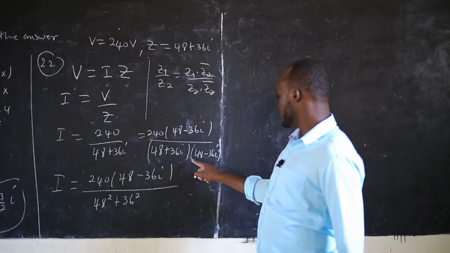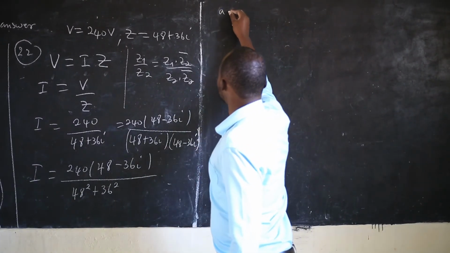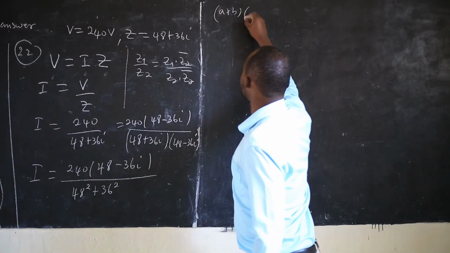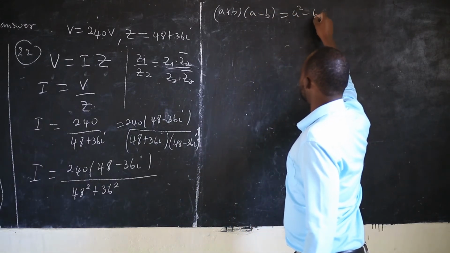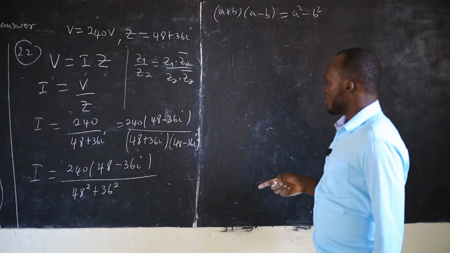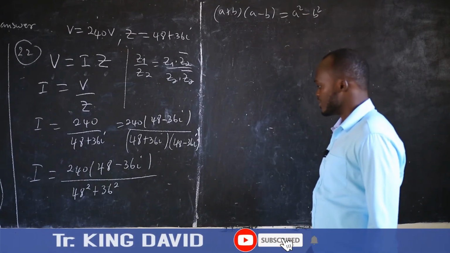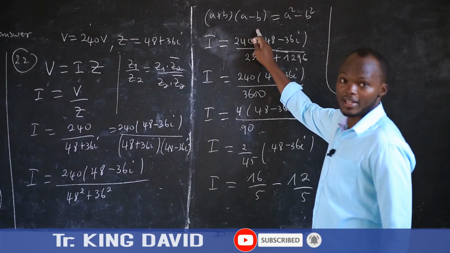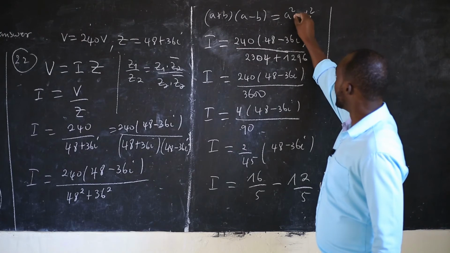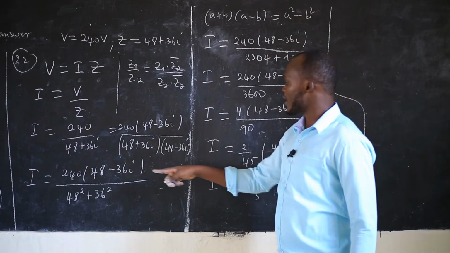Because i squared is negative 1, and when you have A plus B into bracket A minus B, the answer is A squared minus B squared. That negative 1 changes this one to be positive. After getting that, let us proceed.